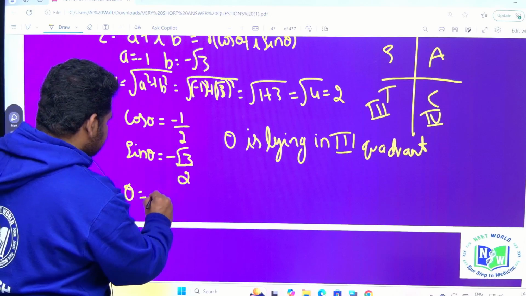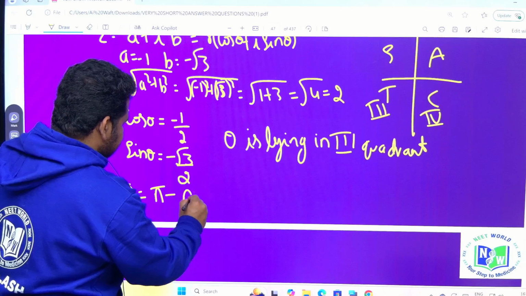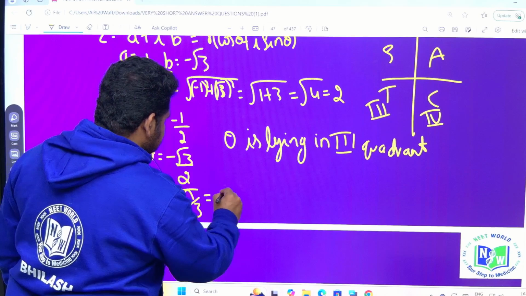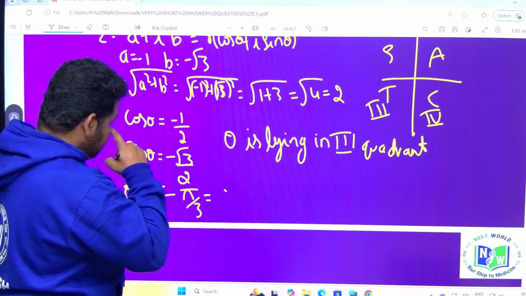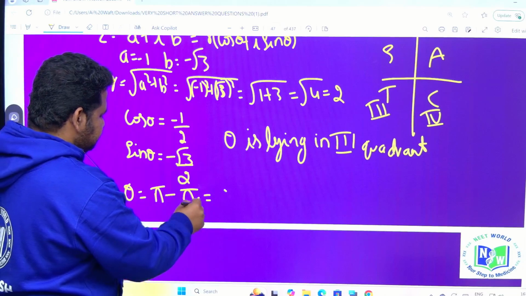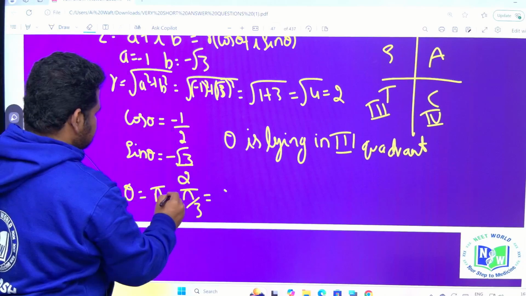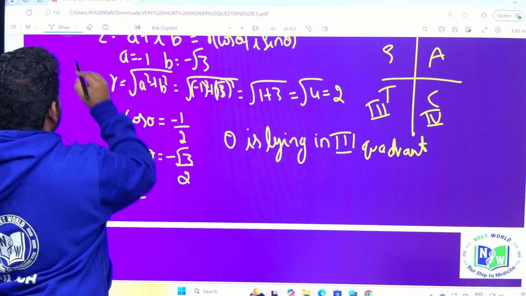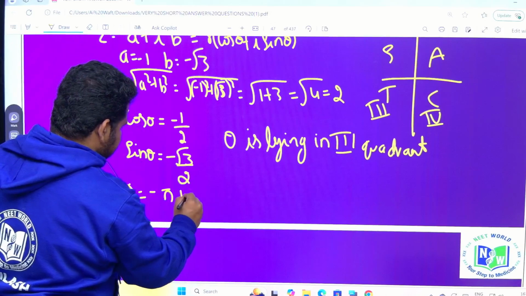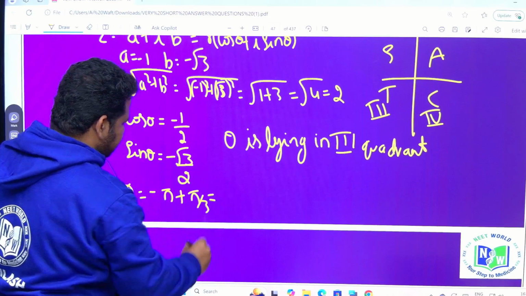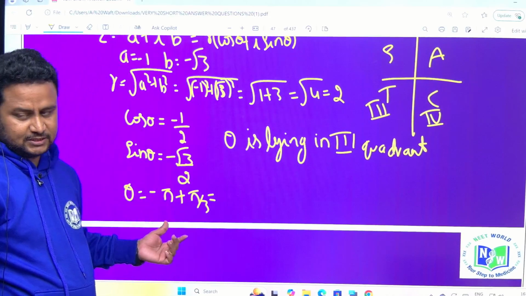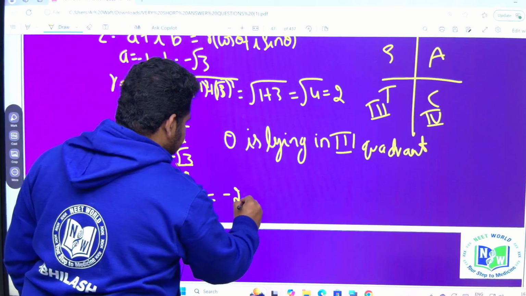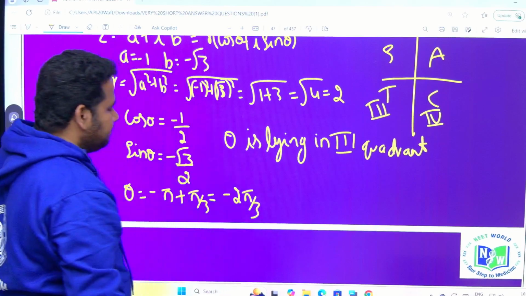I should write minus pi plus pi by 3, so this will be minus 3 pi plus pi over 3, so it is minus 2 pi by 3. So the value of theta is minus 2 pi by 3.